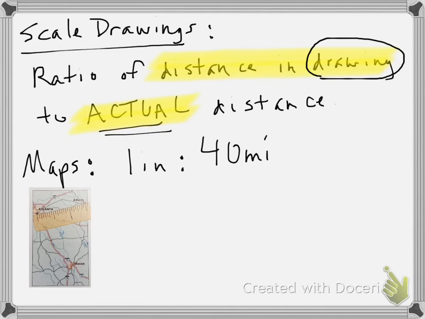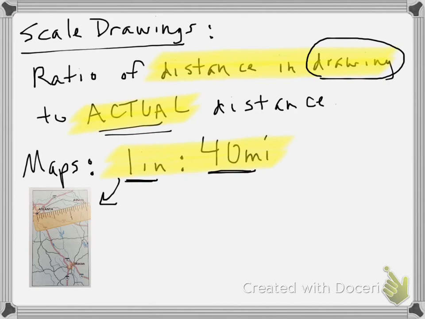So a lot of maps will give us a scale of how many inches we measure on the map that we're looking at to the actual distance that we're trying to figure out. So maybe in this map right here, if we measure 1 inch, we actually are measuring in reality a distance of 40 miles. Okay?